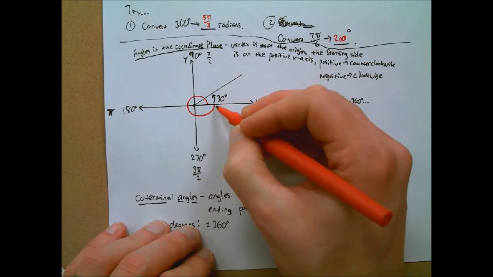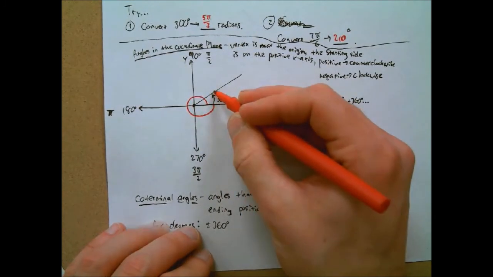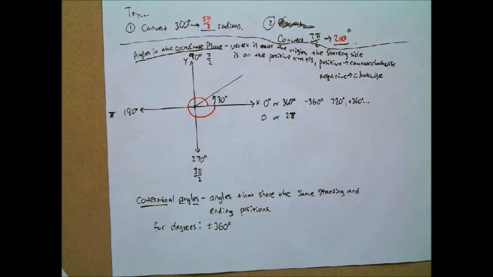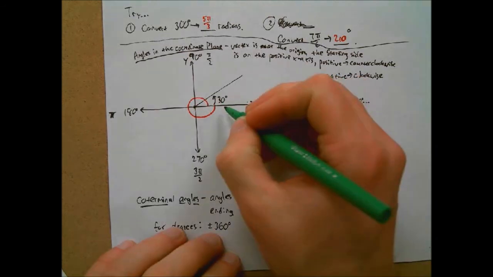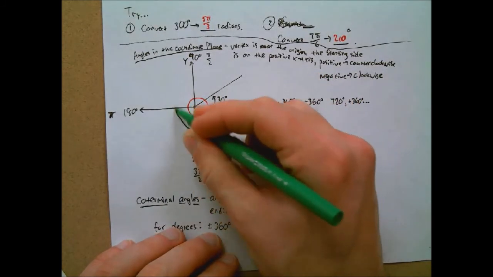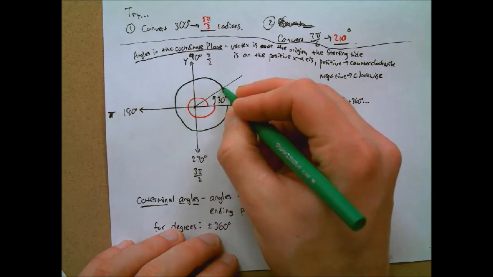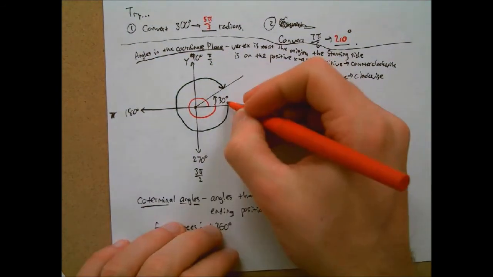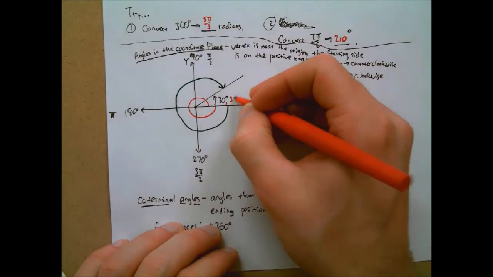So 360 plus 30, so 390, and that would give me the same position right there. Or alternatively, I could have gone the exact opposite direction here. Like that. So that's 330 degrees. We could also say it's 390 degrees.